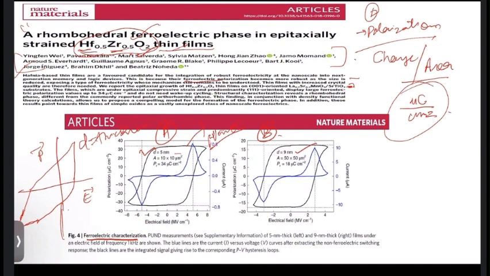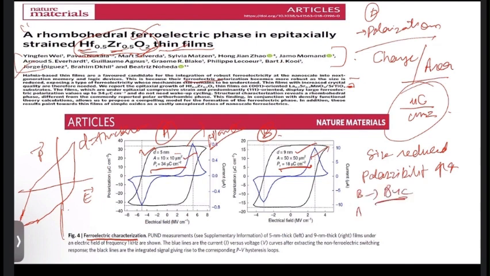Lesser size means a larger number of grains, and the area also changes. As we know, as size reduces, polarizability increases. So here B has 18 microcoulomb and A has 34. So it is matching with the concept, isn't it?